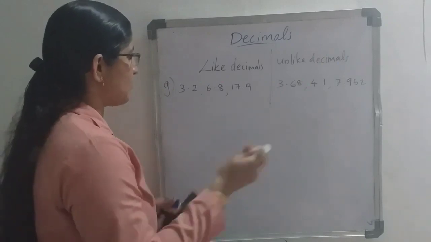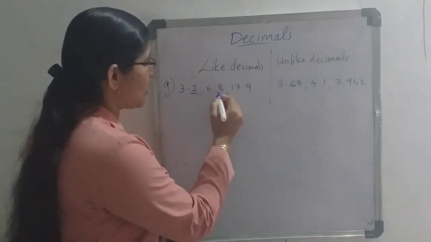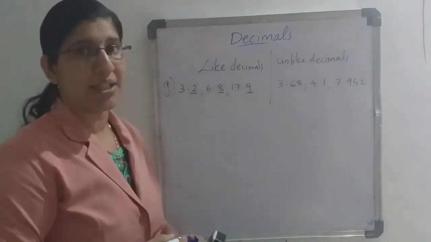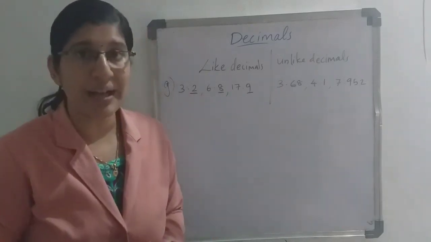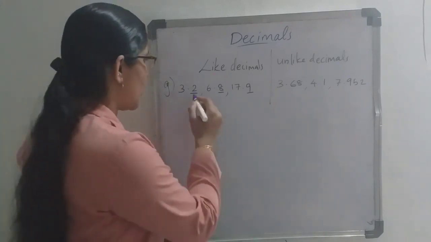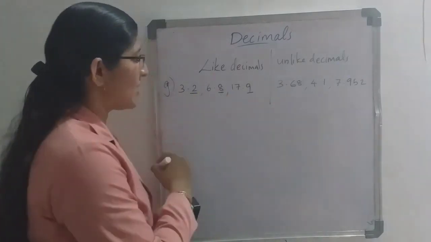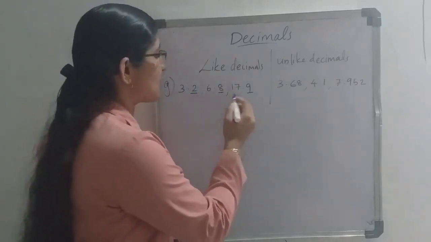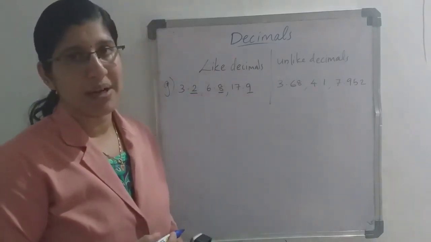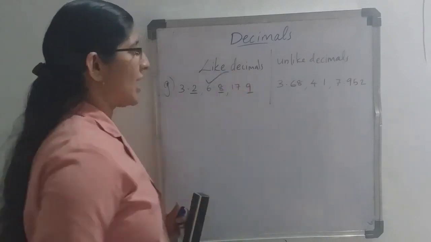So here like decimals means the decimal places should be the same. Here only one decimal place, here also one decimal place, here also one decimal place. So the decimal places are the same for each number. That means this is called like decimals.